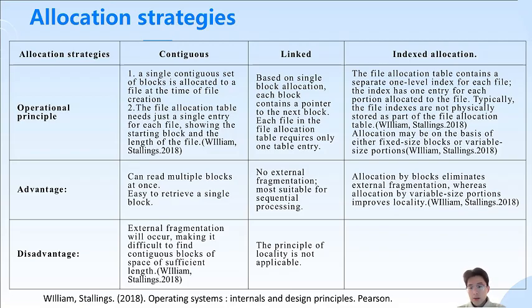So about this strategy, it can reduce the disadvantages of contiguous and linked. Here you can see the advantage of the index allocation is that it can eliminate external fragmentation and also can improve locality.